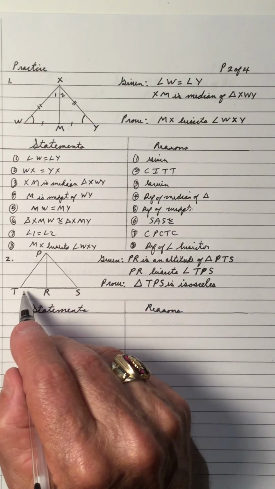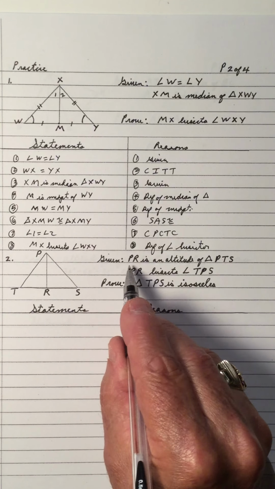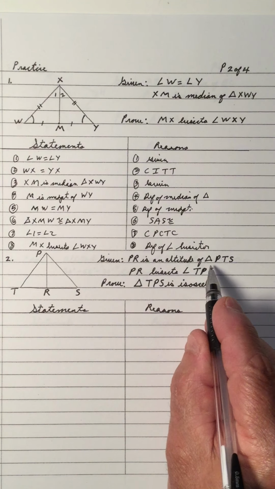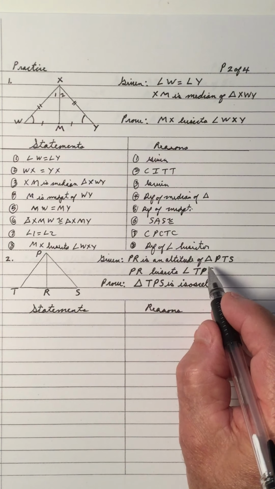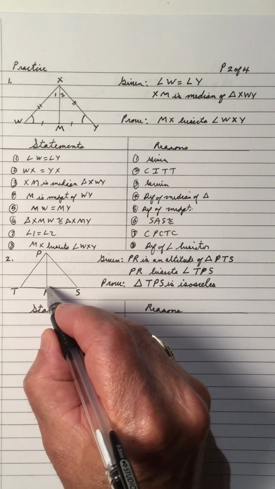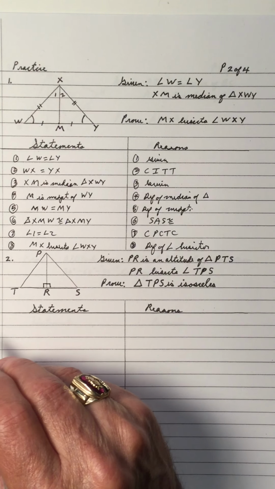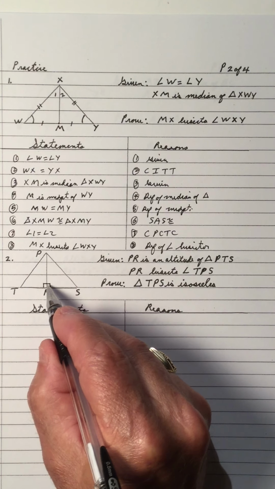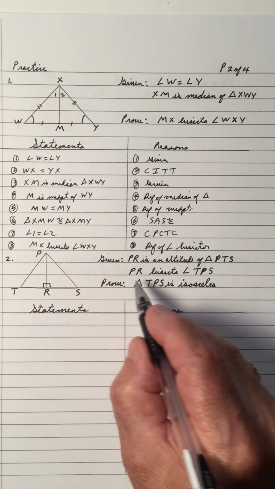Again, we have a triangle, and we have different information given. So we have PR is an altitude of triangle PTS. That means an altitude is perpendicular to the opposite side, and that means that these two angles are equal if we wish to use it.